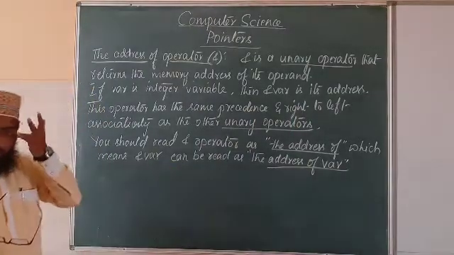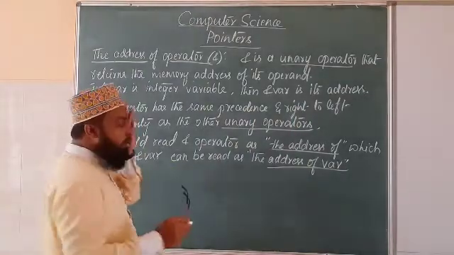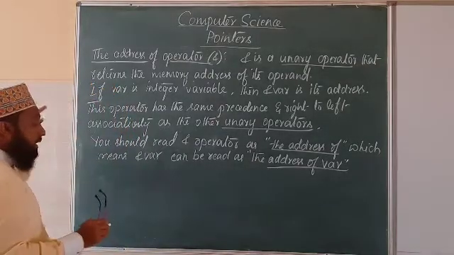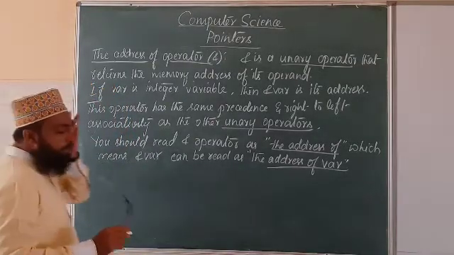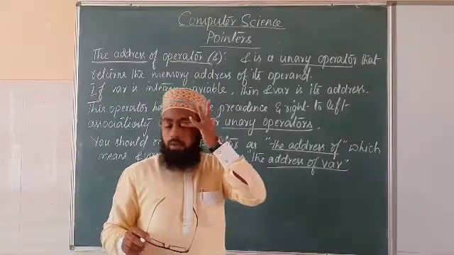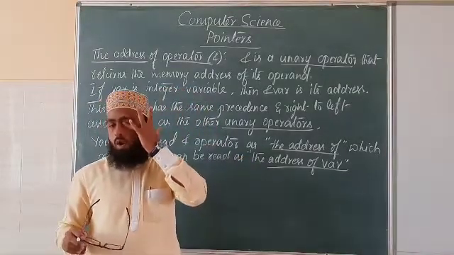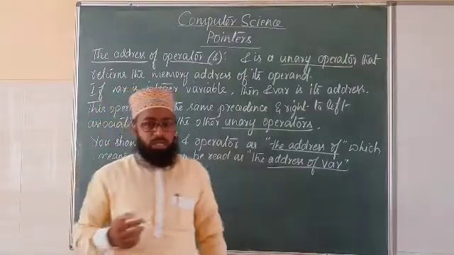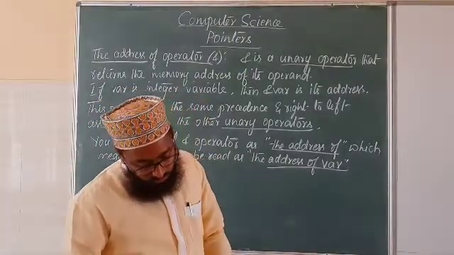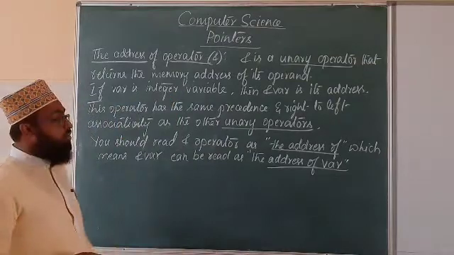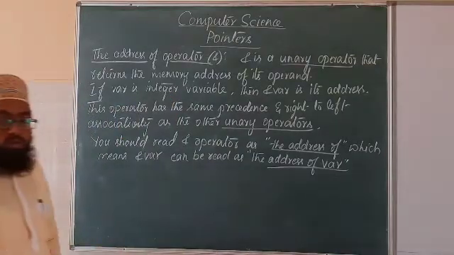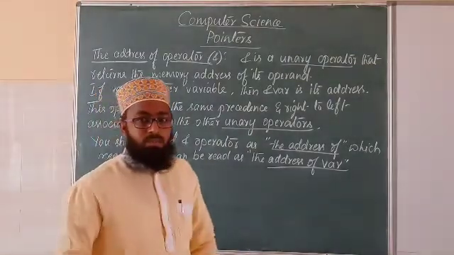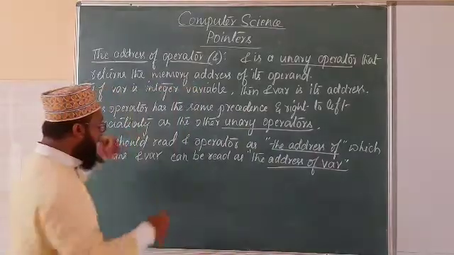So I think you have understood how the address of operator works and in what way we need to read it. If you use the operator with any variable, it can be read as the address of. Now I will give you the same example which I gave in my previous class.